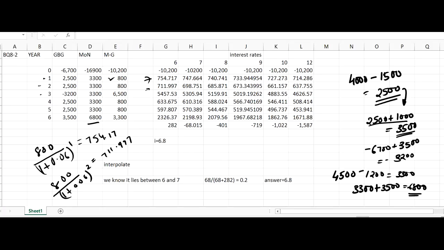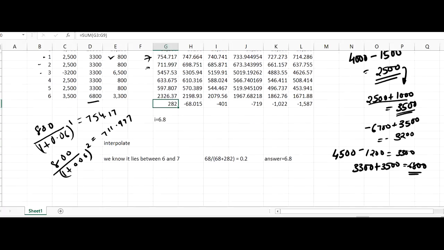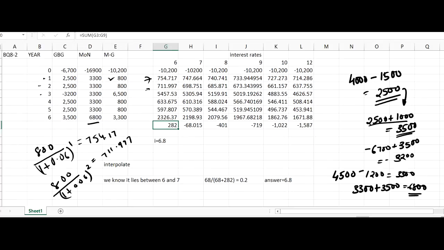So when calculating all these, in the end you have to take the sum of all the calculated interest for different interest cases, and you can see these are more suitable. This is a negative value, but still don't consider it, and the value should be between 6 percentage and 7 percentage.